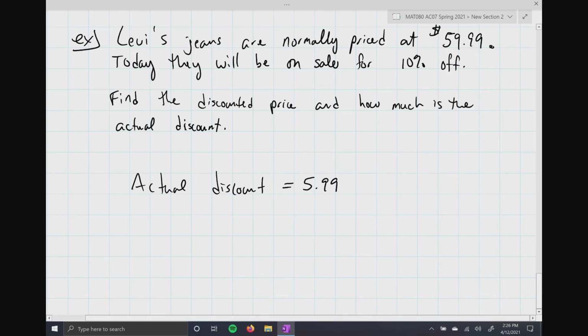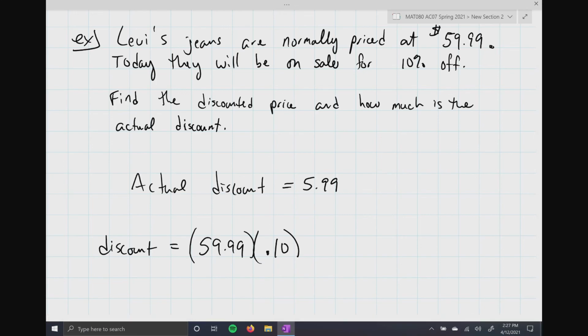So real quick, everybody. The actual discount is going to equal $59.99 times the discount, which is 0.10. So since we're multiplying by a factor of 1/10 or 1/100th or 1/1000th, move the decimal one place to the left.